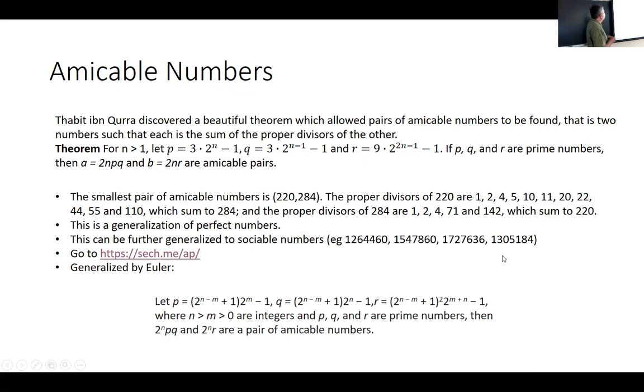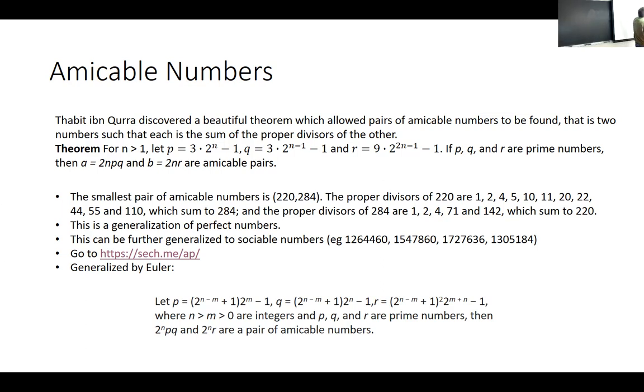So he had this theorem where if you had P, Q, and R primes of a certain form, then you can generate an amicable pair. And this is very similar to the theorem you did for the perfect numbers: if you found a Mersenne prime, then you can generate a perfect number.